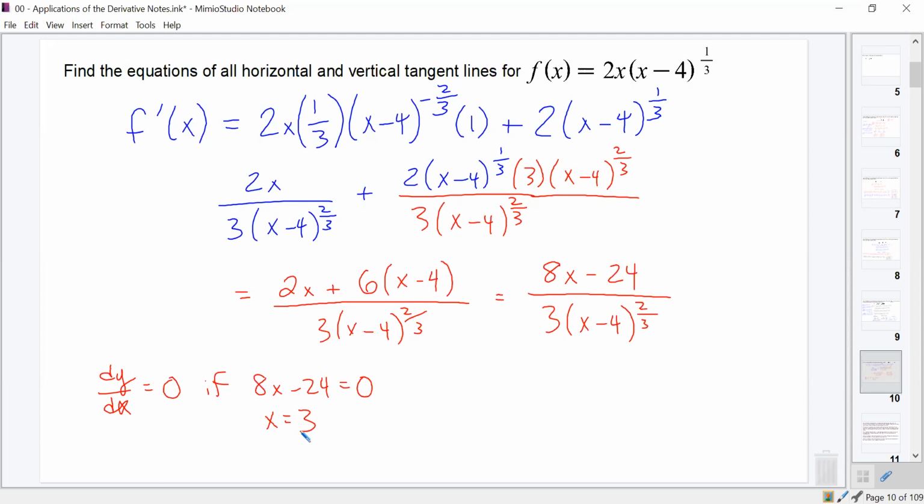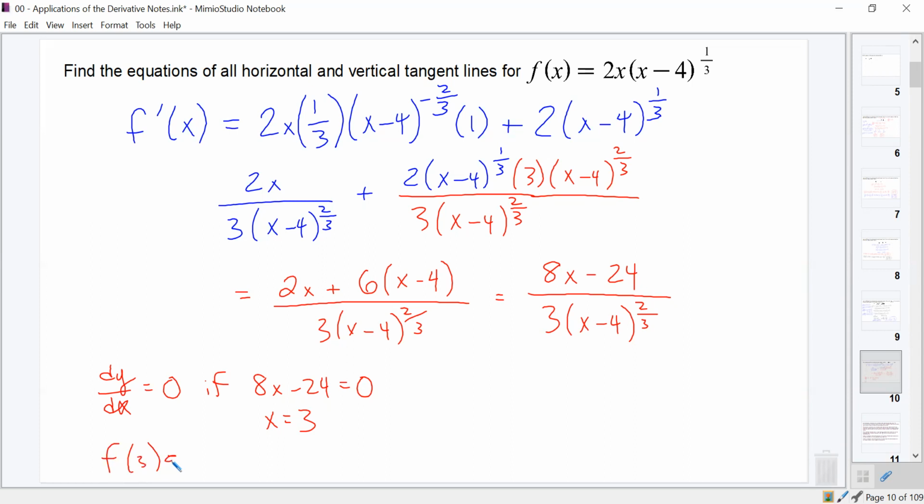One thing we'll talk about just a little bit more in a minute, though, is that we need to make sure that this value doesn't also make our denominator 0. Because if we end up with the form 0 over 0, that's not going to yield either a horizontal or a vertical tangent line. I think we can really quickly see, without writing anything out, that if we plug 3 into the denominator, we don't get 0. So we are definitely going to have a horizontal tangent line at x equals 3, which means that we'll need to find what f of 3 is.